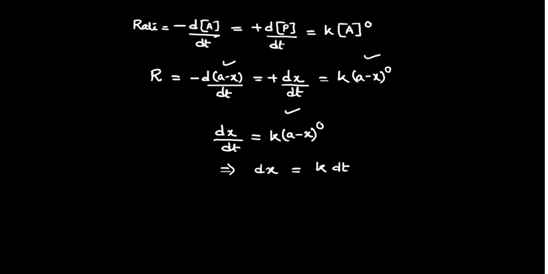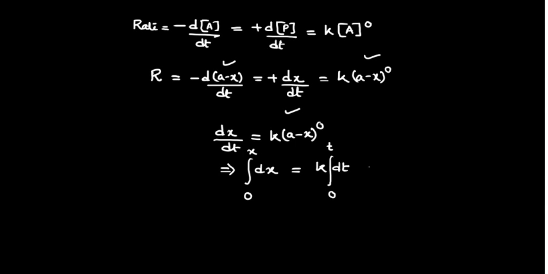Now we have considered a time interval from 0 up to a time t, so we are putting the limits as 0 to t. And what about the product concentration? Initially it was 0 at time t equal to 0, and at time t it is x.